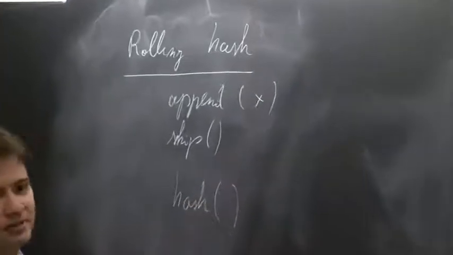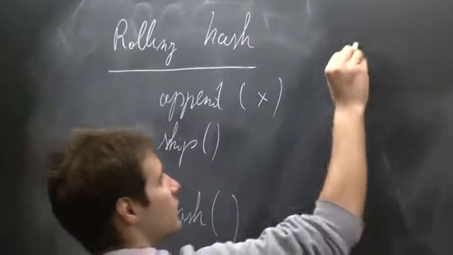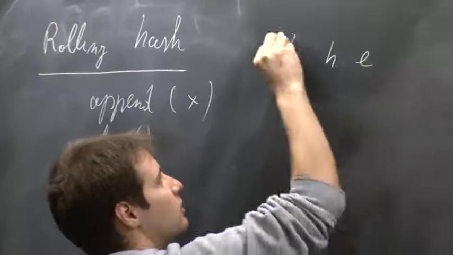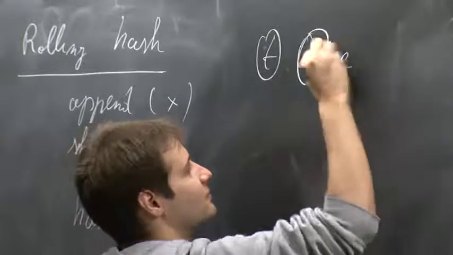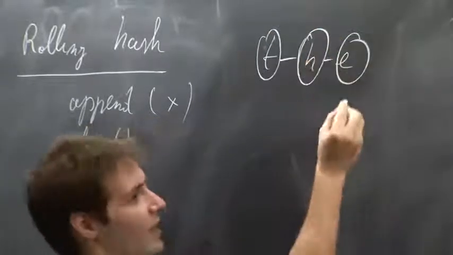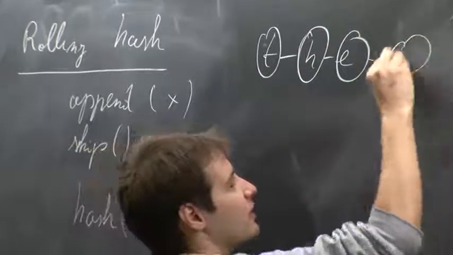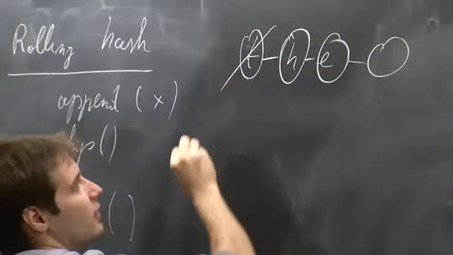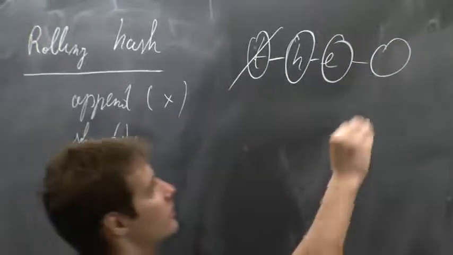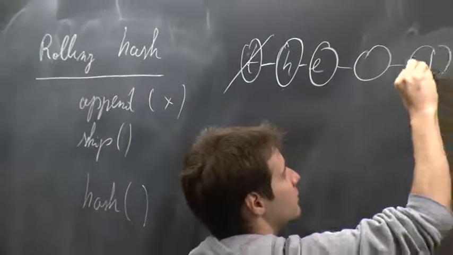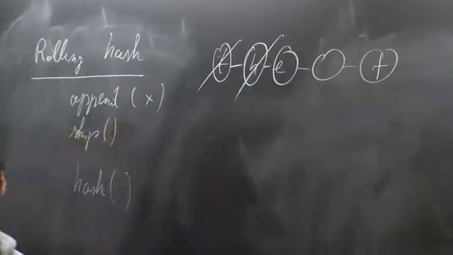So a rolling hash has a sequence of characters in it, right? Say T, H, E. And it allows us to append a character and pop a character. Append a character, pop a character.